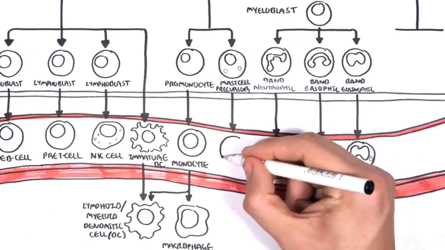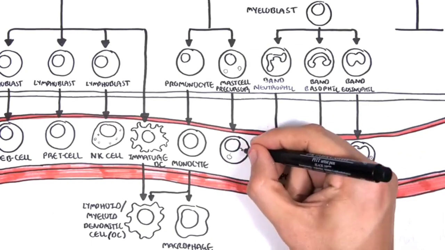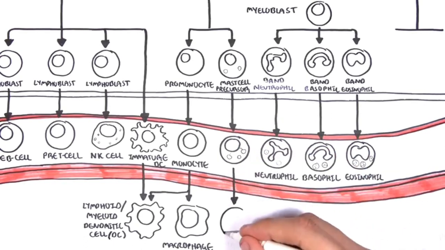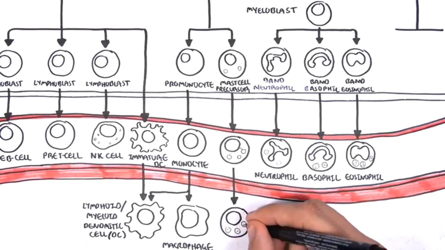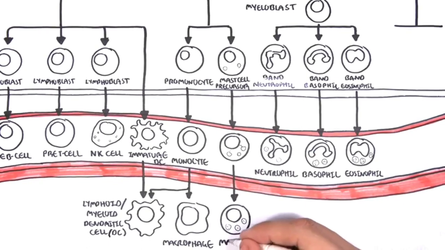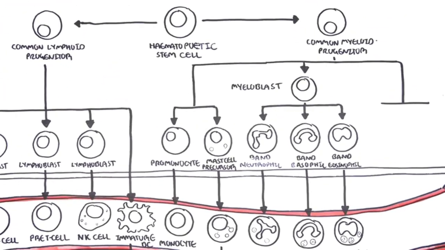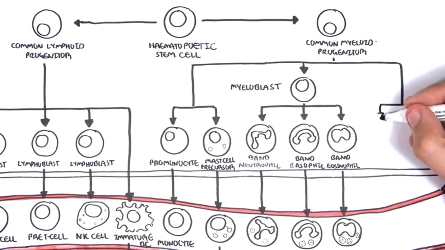The mast cell precursors become mature mast cells once they enter circulation and move into tissues. Mast cells are very important cells in allergy and hypersensitivity. Finally, the common myeloid progenitor cells. Now we are going to discuss the myeloid progenitor cells.